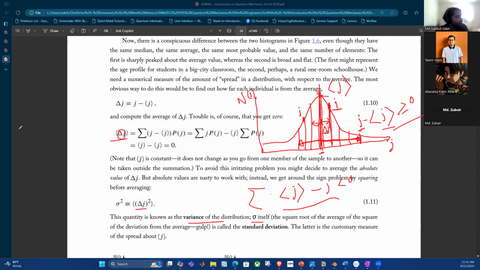That is sigma. Sigma square is the variance and sigma is the standard deviation. And you'll find this term very frequently in normal distributions. Okay, let's see the questions.